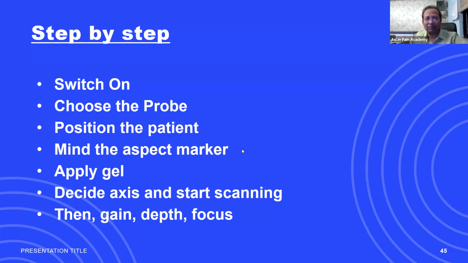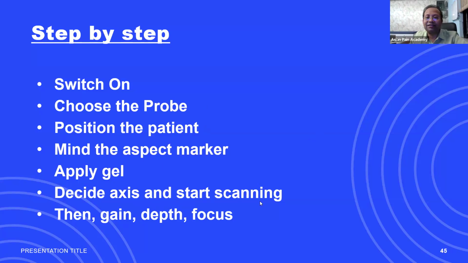Mind the aspect marker before you touch the probe on the patient's body. First see which side is the aspect marker. Then apply gel. Why should we apply gel? So that there is no air in between, otherwise artifact will come. There should not be air in between when the sound wave is going inside the tissue.